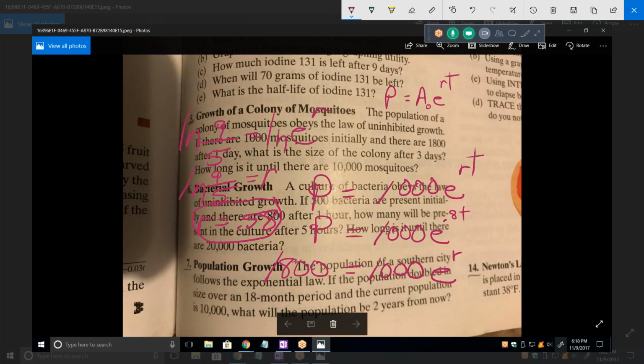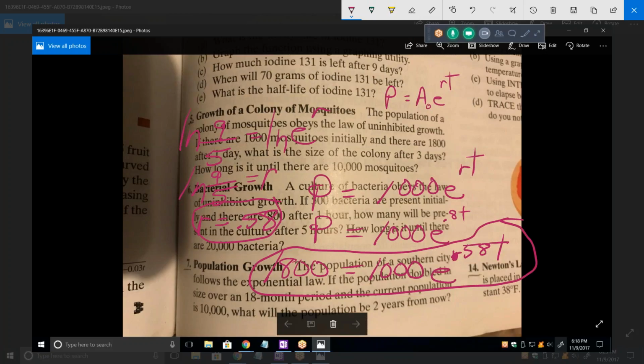So we figured out R. So now we know what our equation is. It's 1,000 e to the 0.58t. There's our equation that models the situation. And the size after 3 days, just stick in 3 for t.